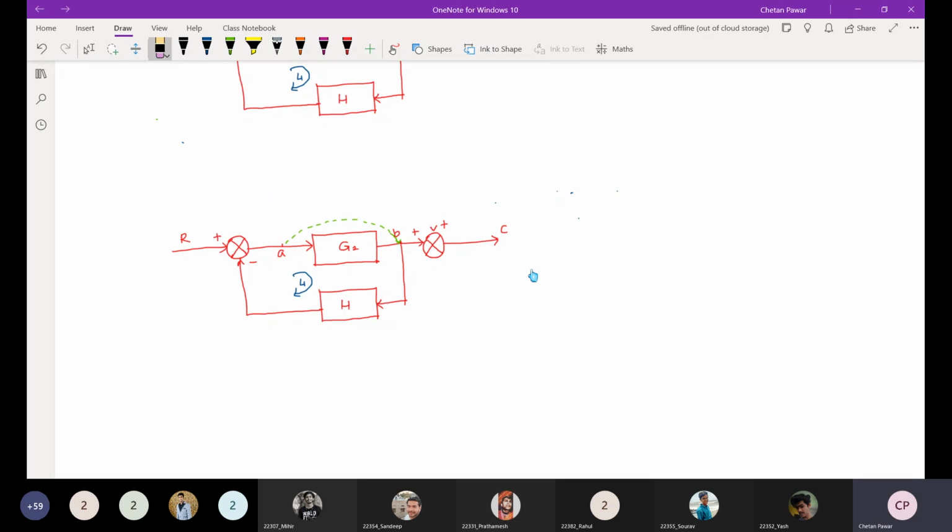After shifting, that will get divided by G2, because before this takeoff point there was no G2 block.